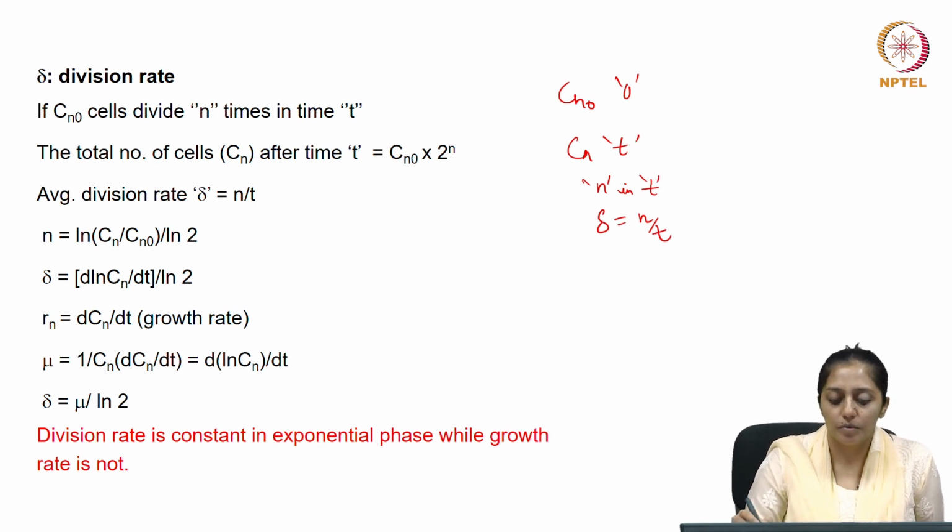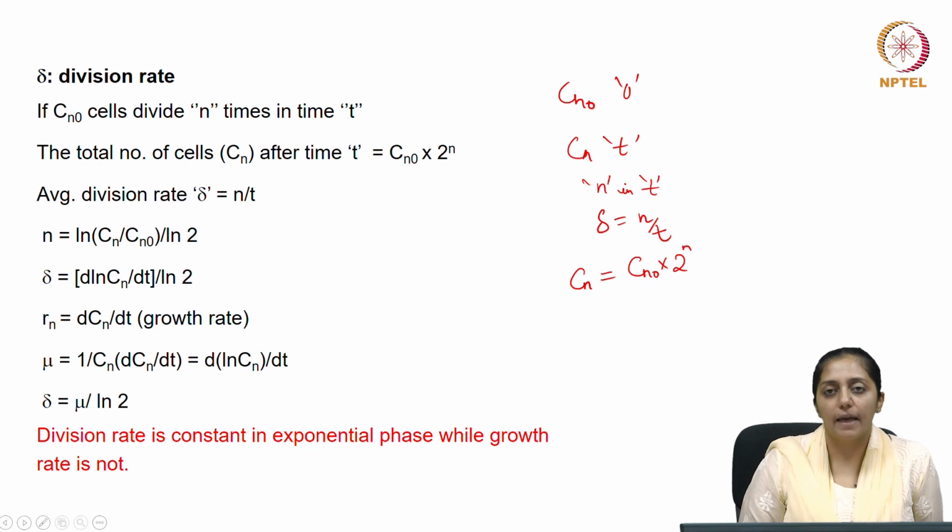Now, if I need to determine n in terms of Cn, so if you remember, the number of cells after time t will be equal to Cn naught multiplied by 2 to the power of n, because after every division the cell will be becoming 2. So, if there is one cell, after one division it will become 2 cells, after 2 divisions it will become 4.